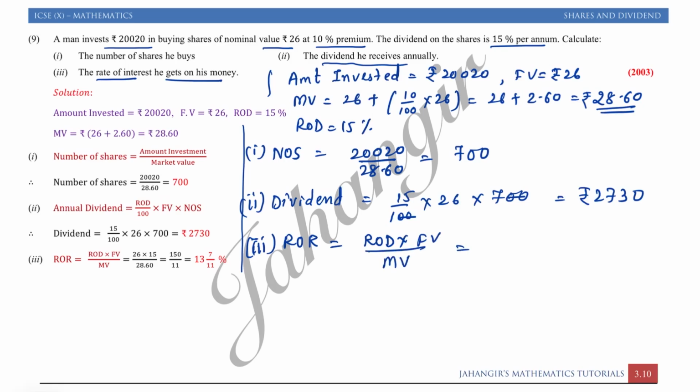So ROD is the rate of dividend 15% into face value 26 upon market value 28.60. If you remove the decimal, your simple fraction is 150 upon 11, that is 13 and 7 upon 11%. Just check this answer properly.